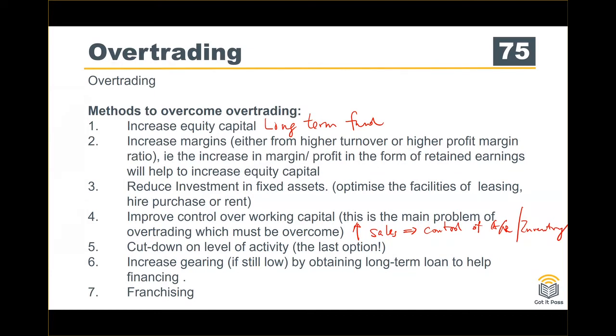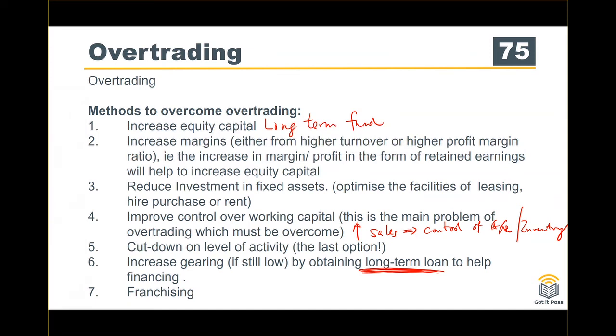You can also cut down the level of activity, but sometimes your sales department doesn't like it. Increase gearing by long-term loan, even if it is slow. Also, you can consider franchising. Franchising means you only provide the goods to your franchisee, and they operate by themselves, so you don't need to invest a lot, but you have already made the sales to your franchisee.